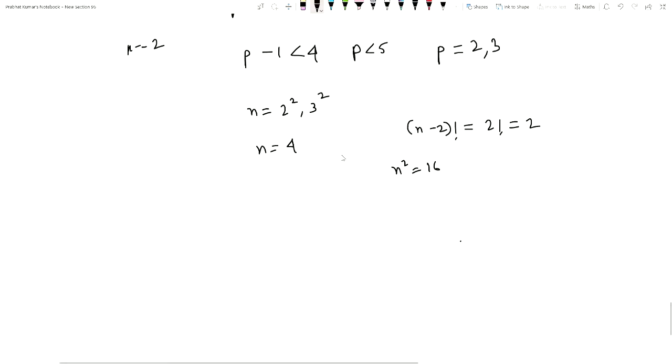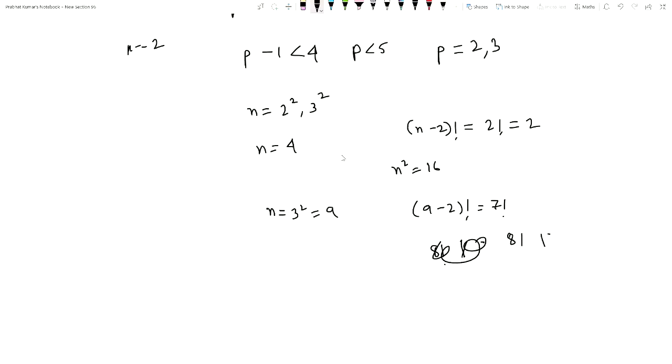And if n is 3 square, so it's 9, n is 9. So 9 minus 2 factorial is 7 factorial. Again we can see this 81 will not divide 7 factorial, right?